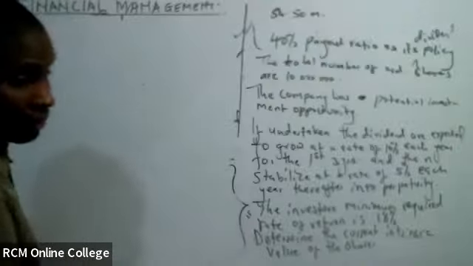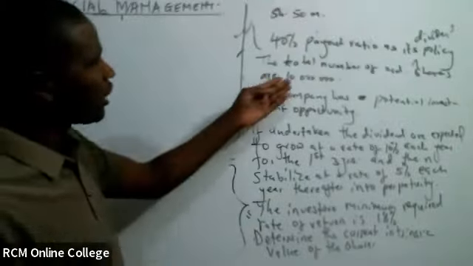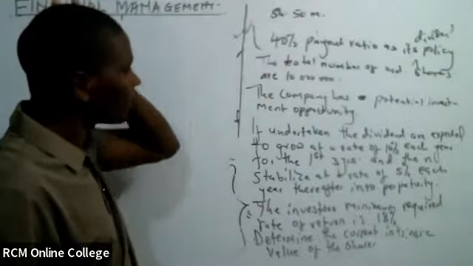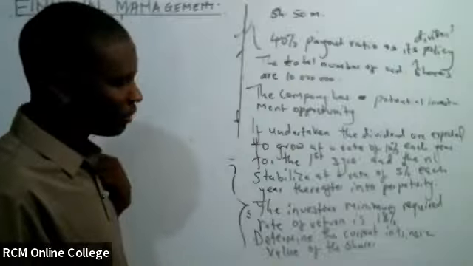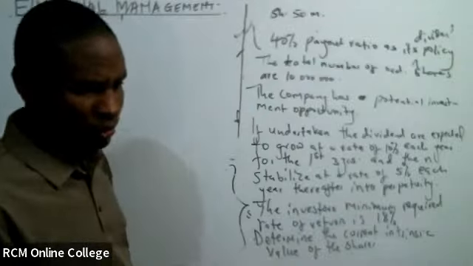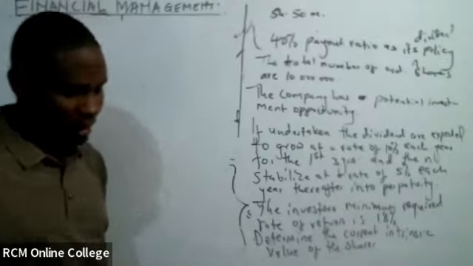We have been told the number of shares is 10 million, the dividend payout ratio is 40%, and the profit after tax is 50 million. So we are able to get the current dividend.